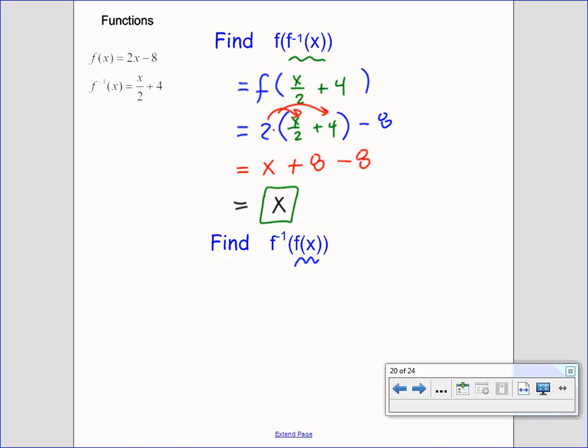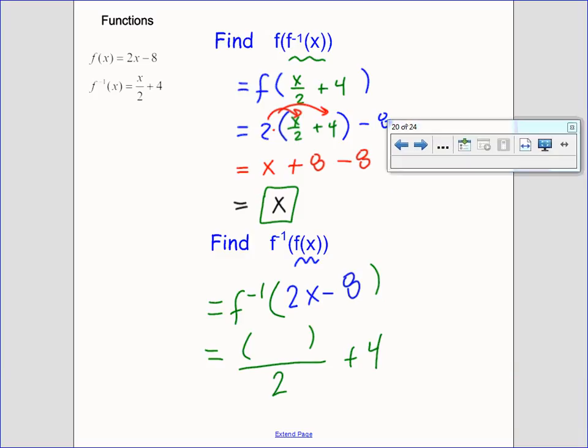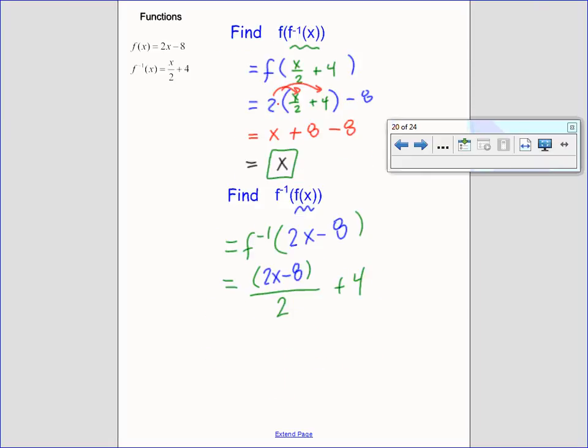Consider the reverse composition. That is, plug f's rule into f inverse's function rule. So f inverse is going to accept 2x minus 8 everywhere f inverse accepts inputs. f inverse happens to accept inputs on top of that fraction, input divided by 2, and then plus 4 in the end. And now we can go ahead and reduce.